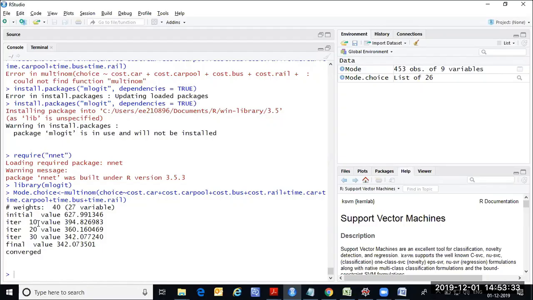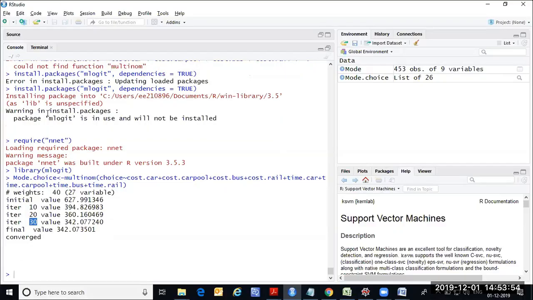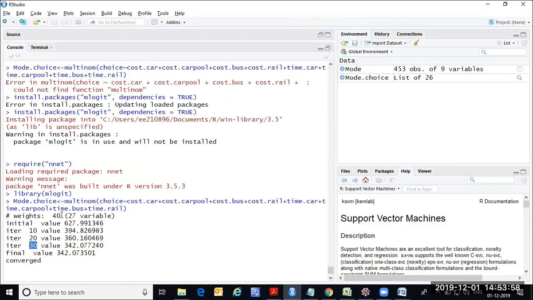What do you think these iterations are? Guys, any idea what do you think these iterations are? What are these weights?